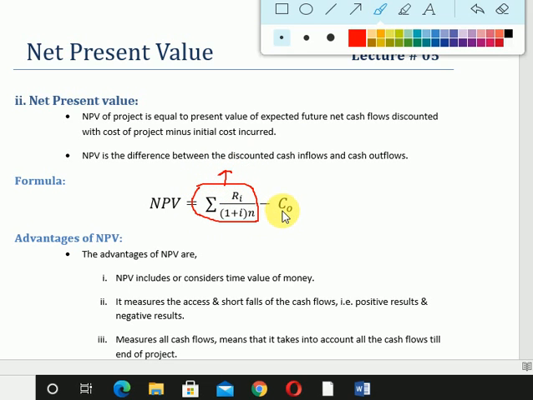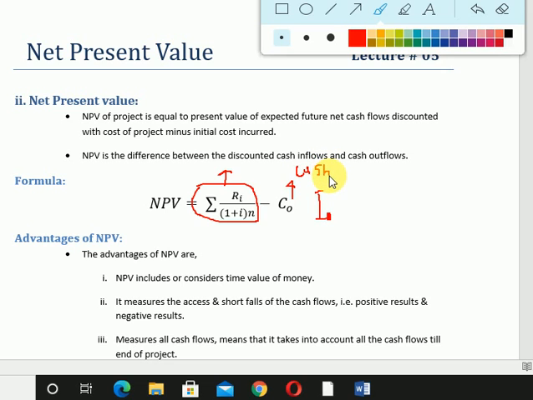C naught or I naught; instead of that, we also use I 0. This is called the initial investment of the project or cash outflow. This is also called the cash outflow of the project.